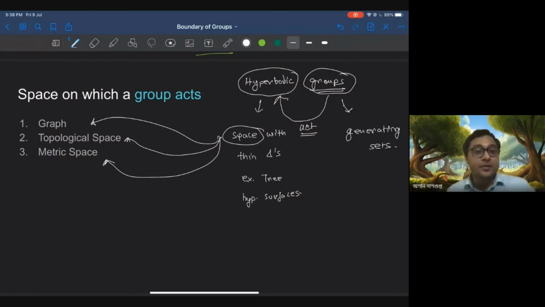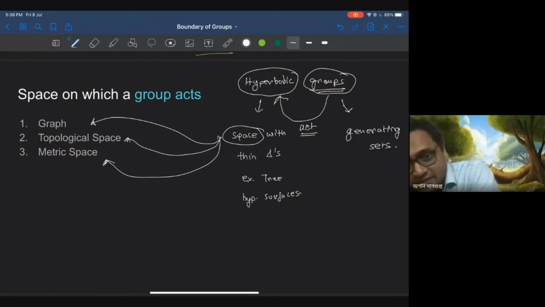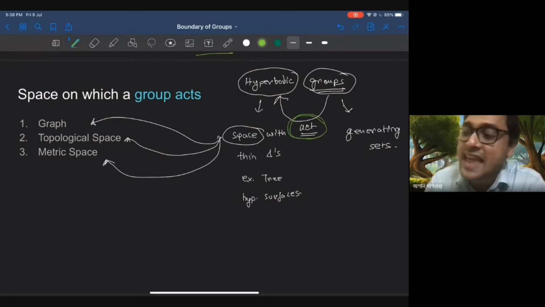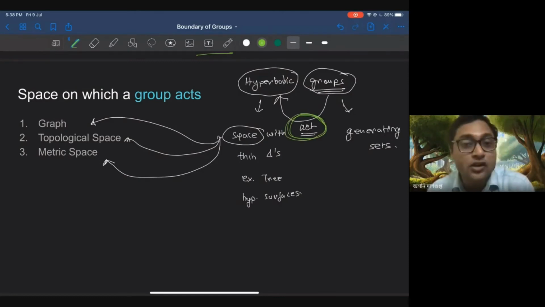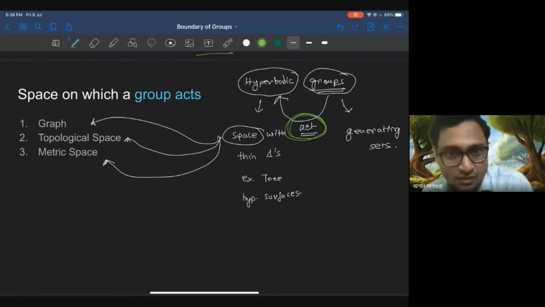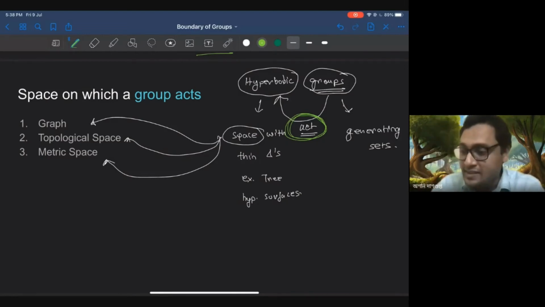Maybe the metric properties of the space on which the group is acting will tell us something about the group itself. Of course, we do not know what it means to say acting. I have not made that precise yet, but I gave you an analogy some time back, and you're probably thinking about something. So I'll make that precise in a moment.